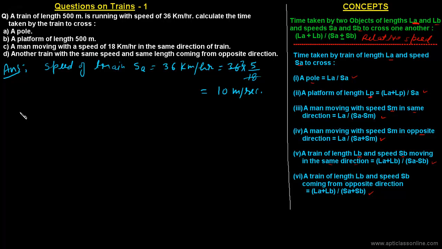Okay, now we can solve the individual cases. Case A is where this train has to cross a pole. We will apply this formula.